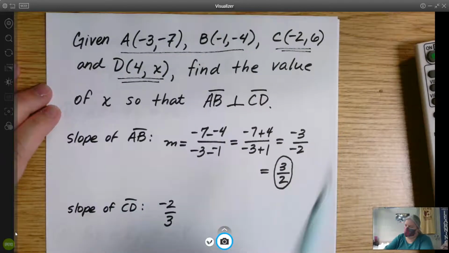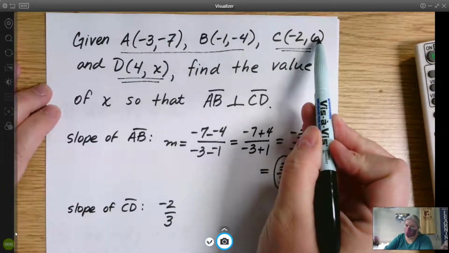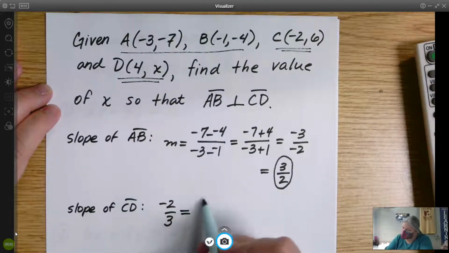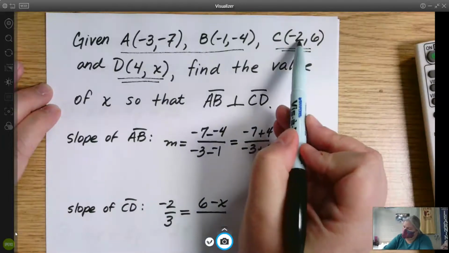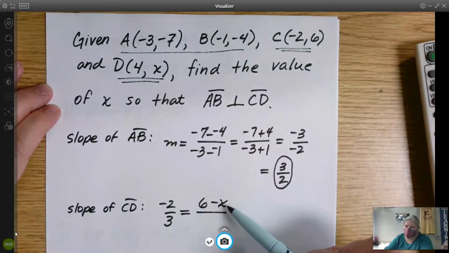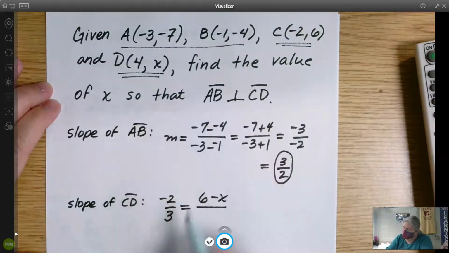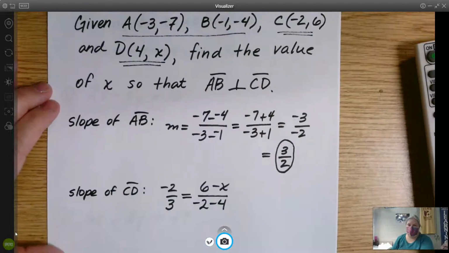How do we do the slope of CD? We subtract the y's, so on top, 6 minus x. And then we subtract the x's. This is a different x from that one. Maybe I should have used a different variable. -2 minus 4. Okay, so here's my equation.